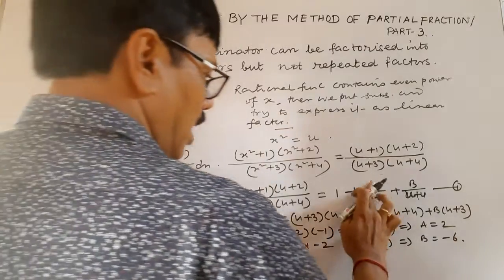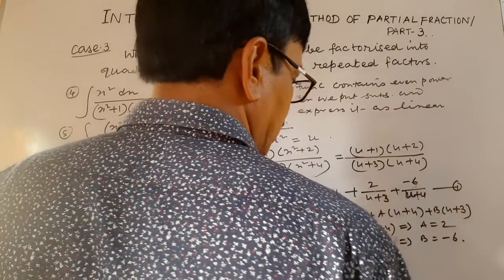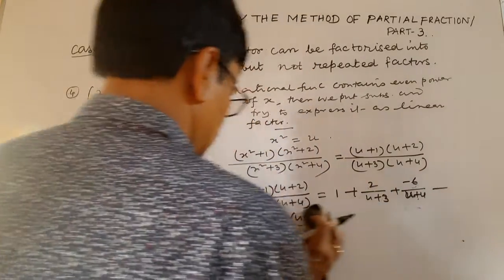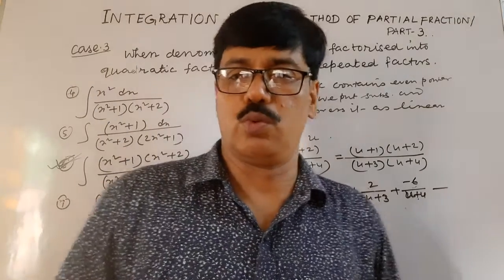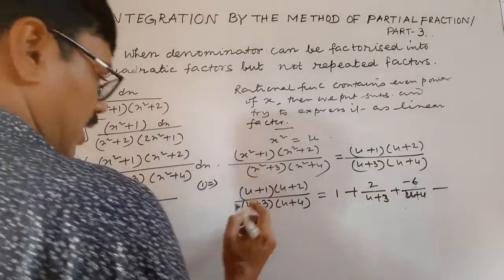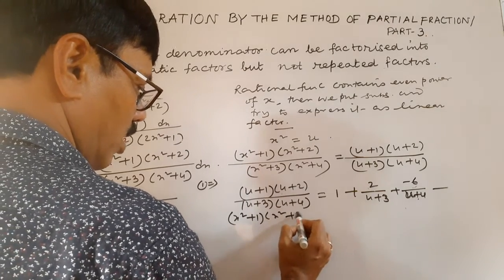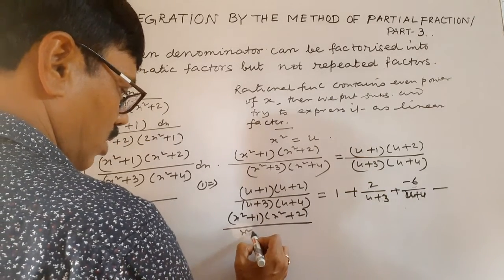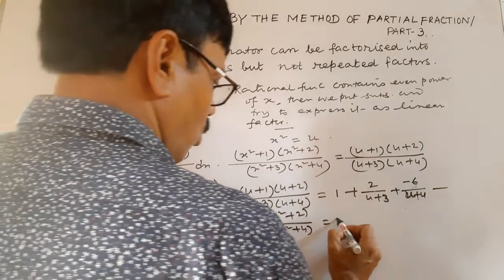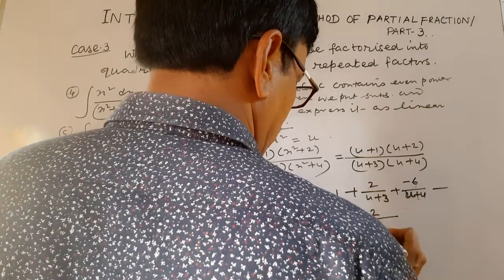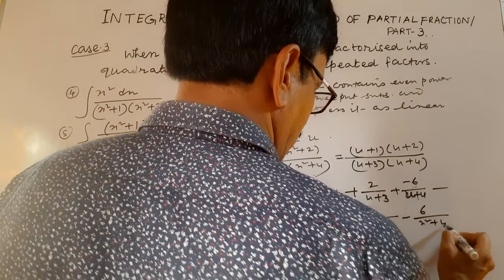So 1 plus a is 2 by u plus 3, and b is minus 6 by u plus 4. So we are getting this equation. Now put the value of u. What is u? u is x square. So (x square plus 1)(x square plus 2) by (x square plus 3)(x square plus 4) equals 1 plus 2 by x square plus 3 minus 6 by x square plus 4.